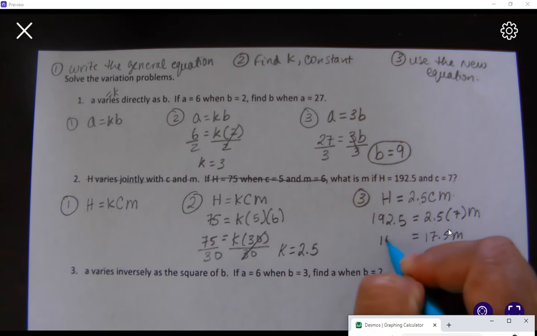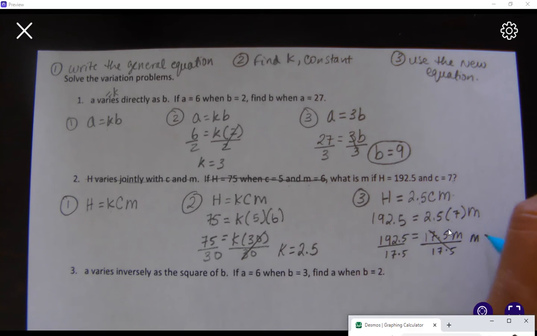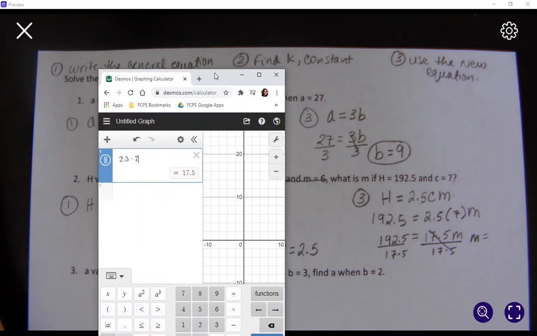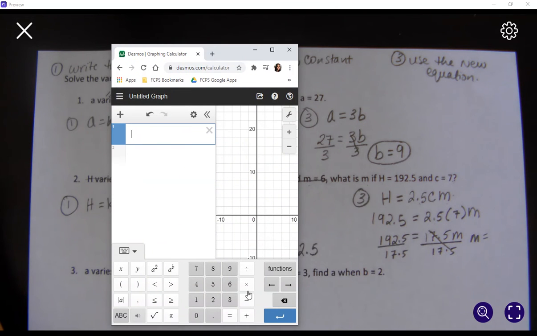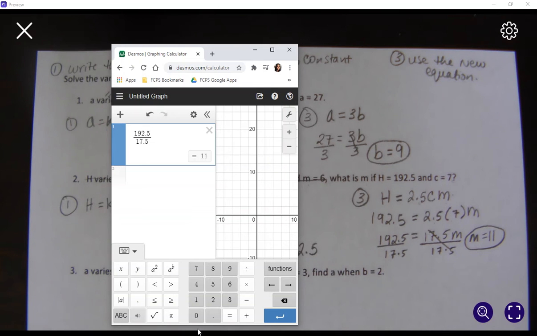Then you have your M, bring that down, and then we're going to divide. So M equals 192.5 divided by 17.5, which is 11. So my new M, or my answer to this question, is 11.